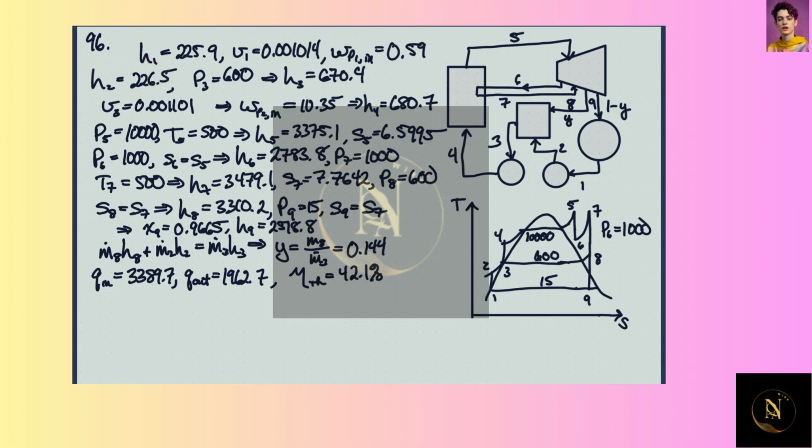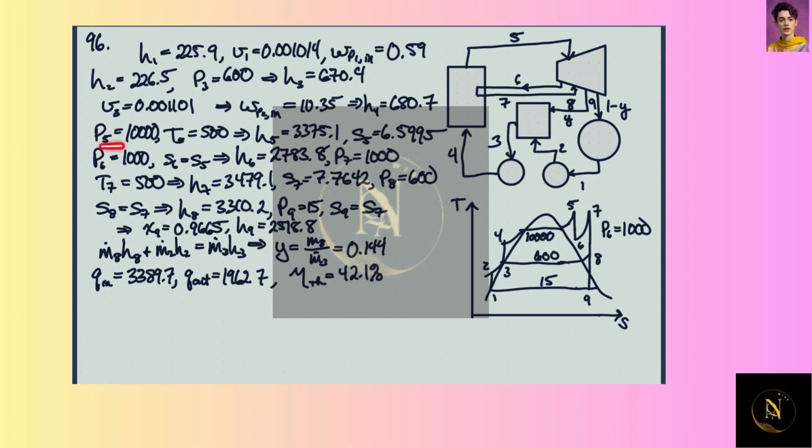We know at 3 we have the pressure, we know it's a saturated liquid, so we can get the enthalpy at 3. We can get the specific volume at 3, and again, knowing the specific volume and the difference in pressure across the pump, we can get the specific work of the pump, and that allows us to get the specific enthalpy coming out of the pump.